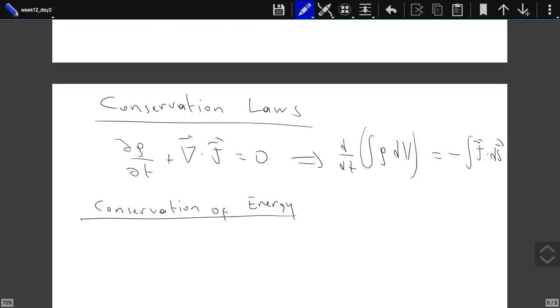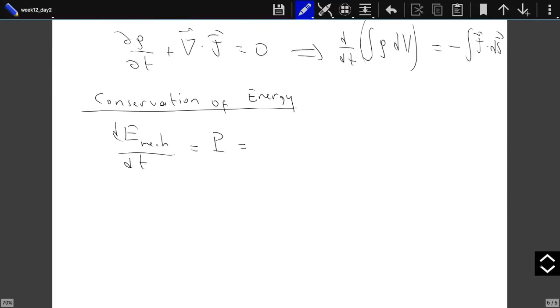Now we already know the energy of particles. It's point particles. Let's call it their mechanical energy. And the rate of change of the mechanical energy of our particles is what we call the power. And the power is basically the integral of f dot v.